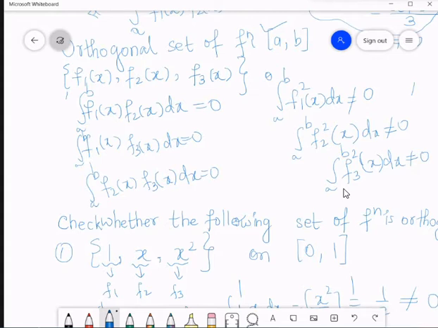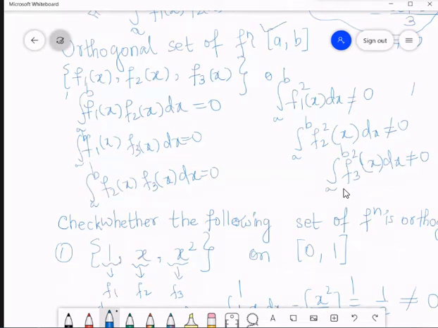By the way, what is the meaning of the expression that the integral of f1 square from a to b is equal to 1? What does that mean? The norm of the vector is 1. The length concept that we are defining for this function f1 should be 1.